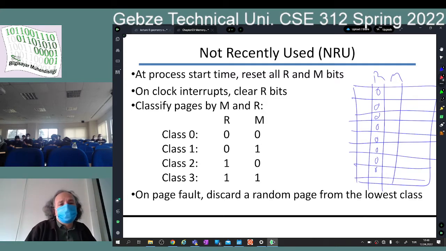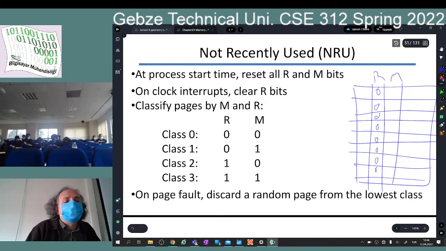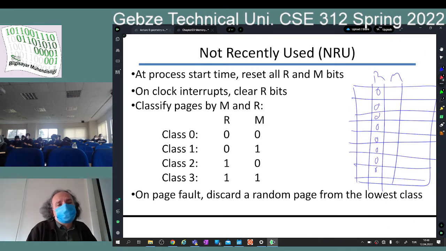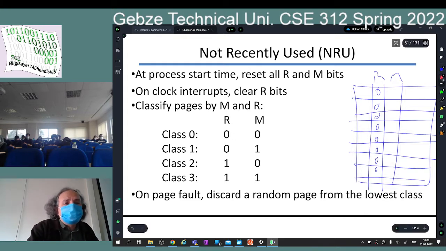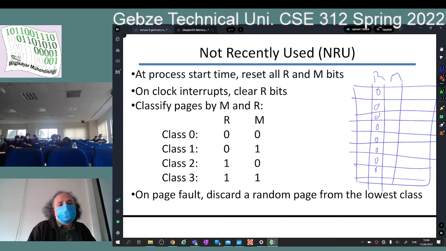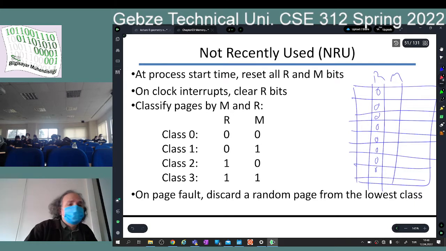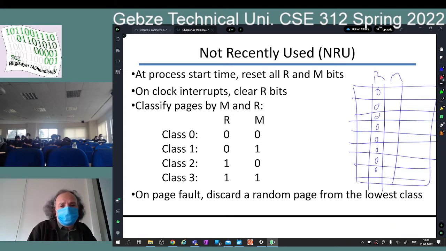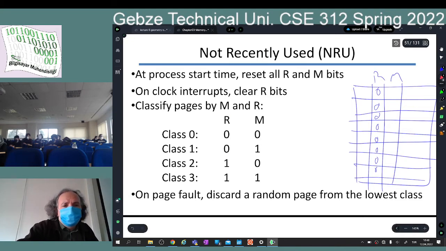First, if there is a page that is not referenced or modified in the recent time, then I will replace it. Otherwise, if there is a page that is not referenced but modified, then I'm going to replace it. Otherwise, if I don't have anything from class 0, class 1, class 2, etc., it goes that way.